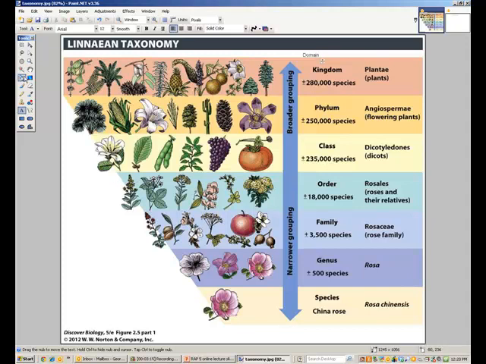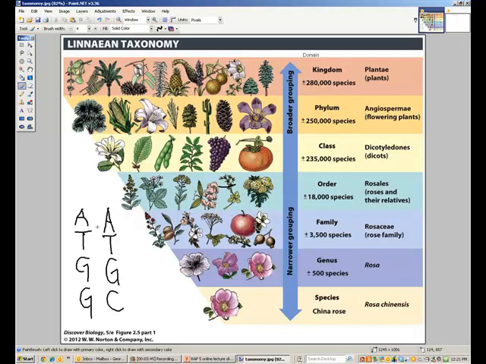So, if I come over here and I give you a sequence for a chicken, let's say A, T, G, G, that's for our chicken, and for our dinosaur, which are actually pretty closely related to birds, including chickens, you have A, T, G, C. And so you would look at the percent difference in bases, and that would tell you how different species are from one another.